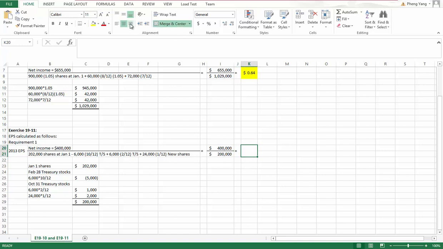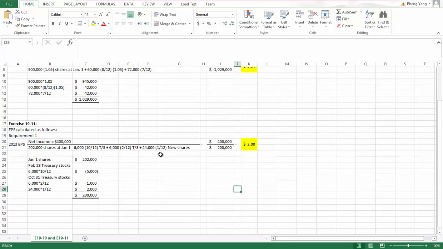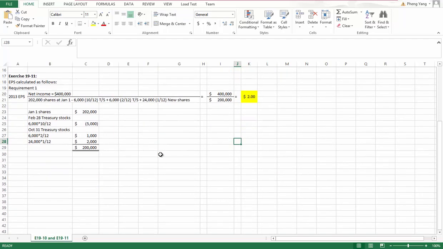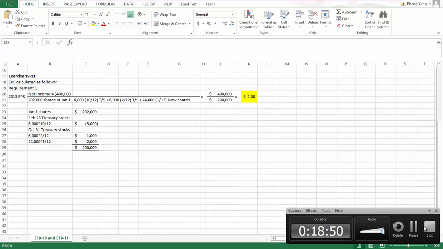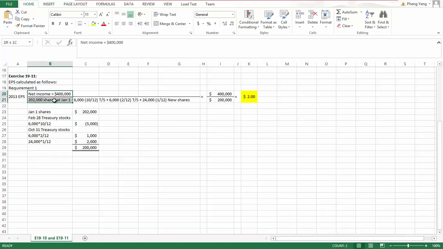All right, so let me just do my calculation in here. So if I take 400,000 divided by 200,000, my earnings per share for the situation is $2. Okay, for that one. And then for the EPS for 2014, what I'm going to do is copy and paste this.